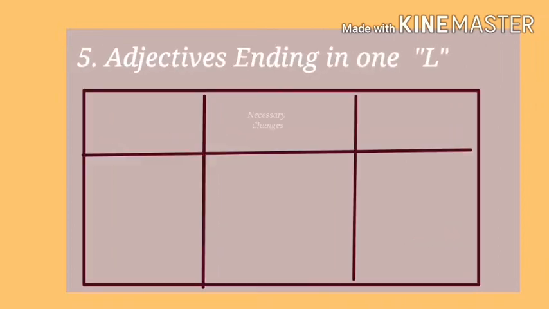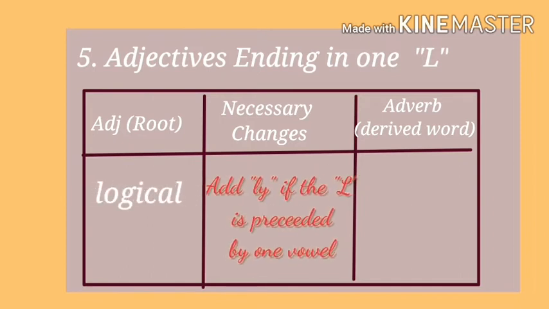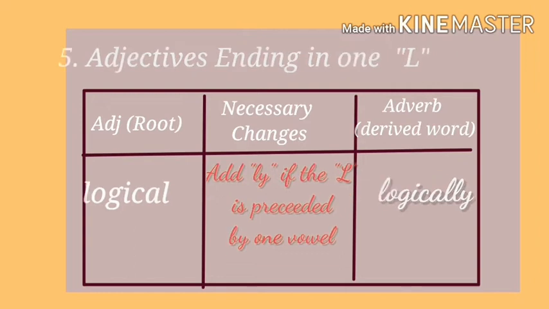Now, adjectives ending in one L. So, if this L is preceded with one vowel, we don't need any changes. We just add ly to the word, which is the adjective, like logical, logically.